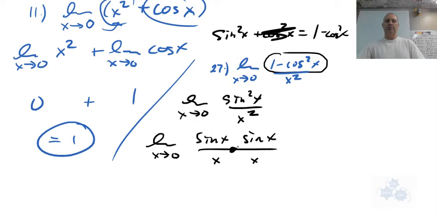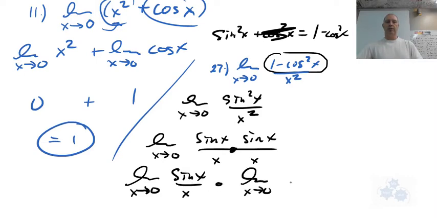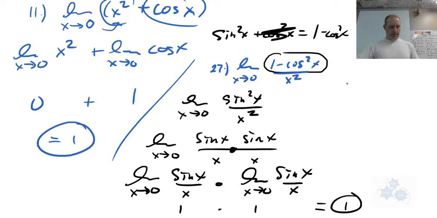So we have sine x over x times sine x over x. Properties of limits says that you can do this. You can separate them. And here we have 1 times 1 equals 1. Right? Okay. So let's see. So that's another one there.